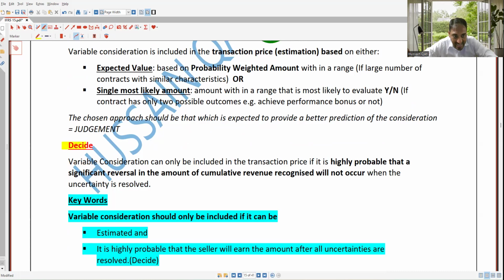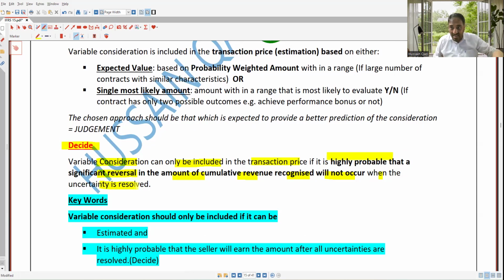Number one, decide. How to decide? Here is the statement. Variable consideration can only be included in the transaction price if it is highly probable that a significant reversal of the cumulative amount of revenue recognized will not occur when uncertainty is resolved.